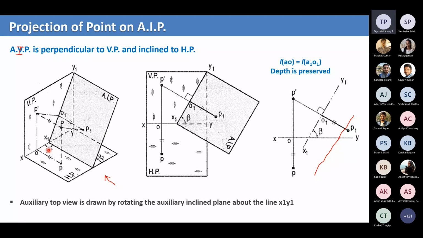You can rotate it on the other side also. There is no hard and fast rule that you should rotate only this side. But can you just imagine what will happen if we rotate this side? This whole diagram, you will get it here.